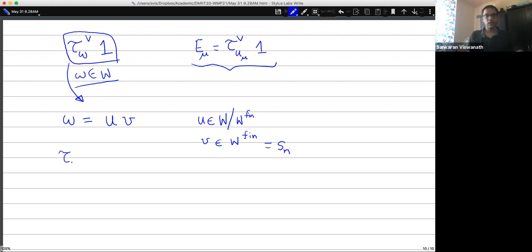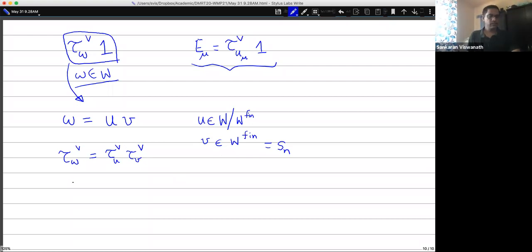Okay, and why is that? Because, firstly, if you remember, it satisfies the braid relations, and so here we have length additivity. To get a reduced expression for w, you will just have to write reduced expressions for u and v and put them together. Therefore, the tau for w will look like tau u check, tau v check.